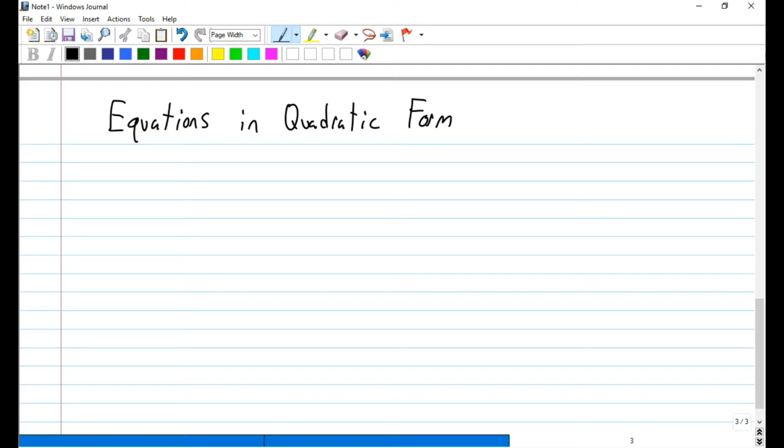Think about quadratic equations. They were equations that were in the form ax squared plus bx plus c equals 0. And if you have all three terms, the easiest way to solve those was by factoring. At least that was the quickest way, right? Maybe we have trouble with factoring, so it's not the easiest way for you.